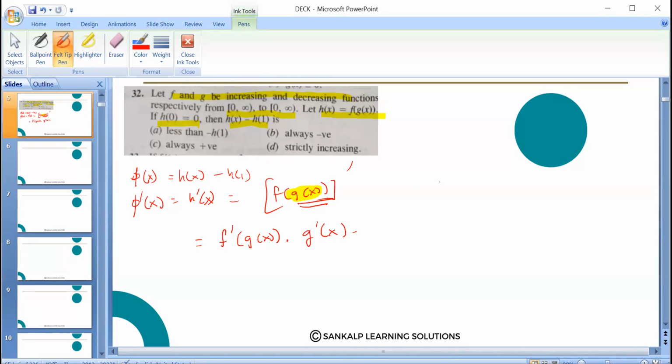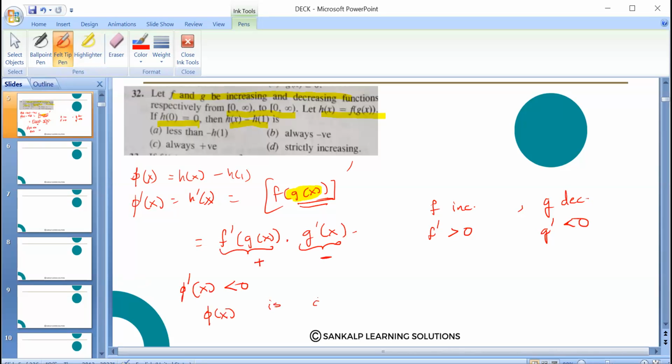Now, we know that f is increasing, f dash will be positive. We know g is decreasing, g dash will be negative. So this f dash is positive, g dash is negative. So on the whole, phi dash of x is negative. That means phi of x is decreasing function.